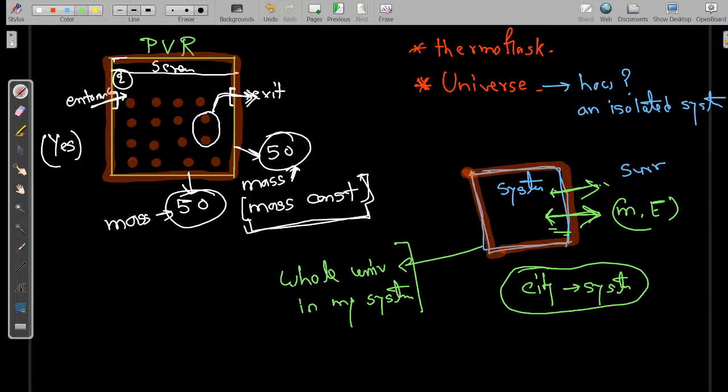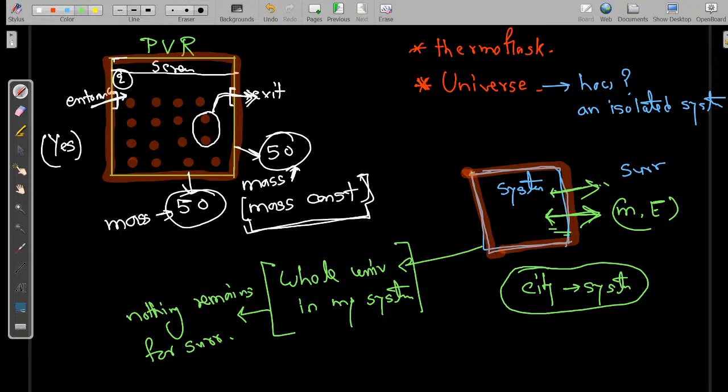ओके. जब मैं बोल रहा हूं कि होल यूनिवर्स इज माई सिस्टम, देन देयर इज नथिंग remains for surrounding. Are you getting my point?